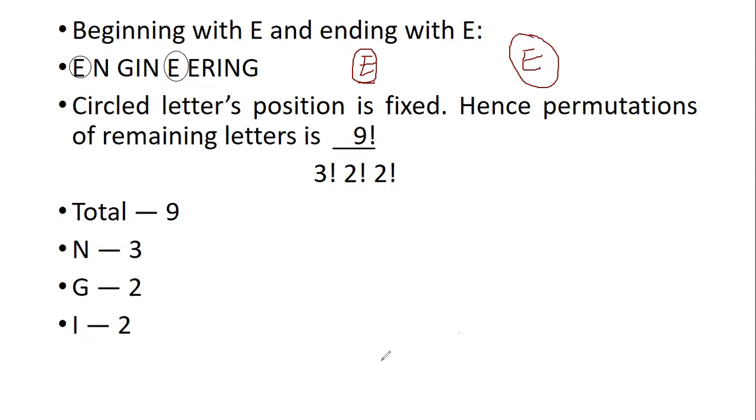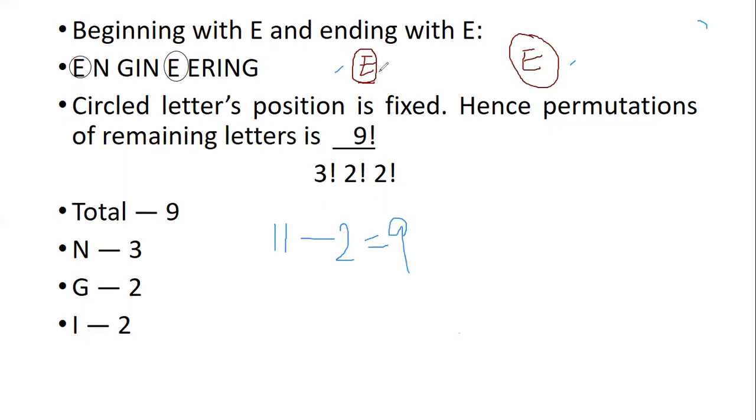Now apart from these two positions, how many other positions are left? How do we analyze that? We take the total number of letters in engineering minus the two positions which are fixed. So 11 minus 2 is equal to 9.